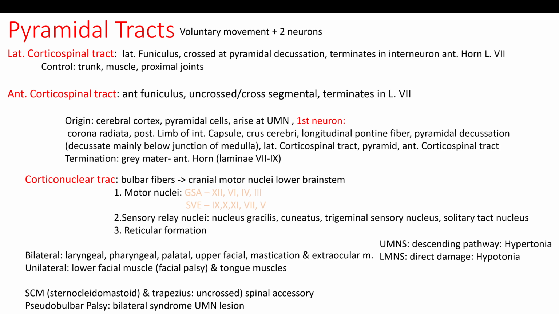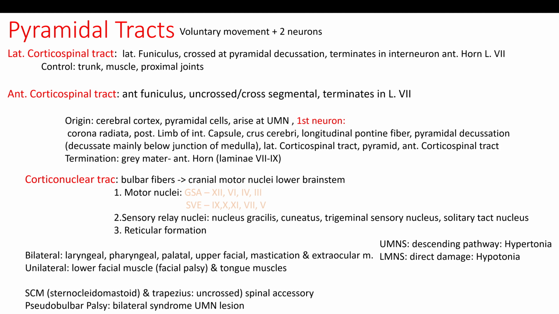And there's the origin in the cerebral cortex with pyramidal cells arising from upper motor neurons. The first neuron passes the corona radiata, posterior limb of the internal capsule, crus cerebri, longitudinal pontine fibers, pyramids, pyramidal decussation below the junction of the medulla, lateral corticospinal tract, and pyramid anterior corticospinal tract.